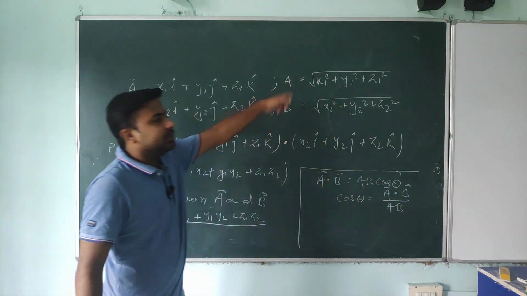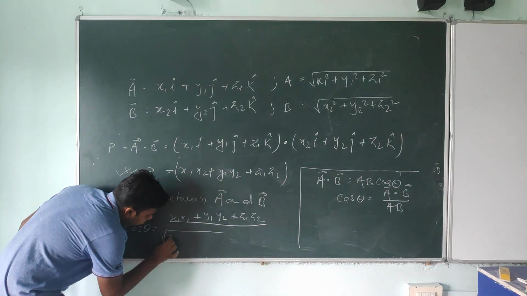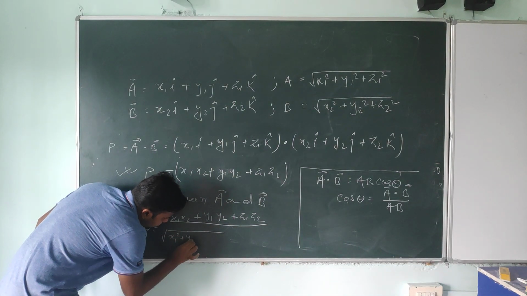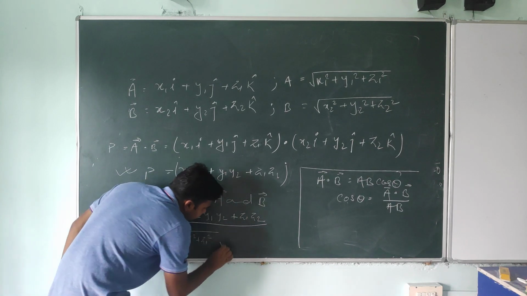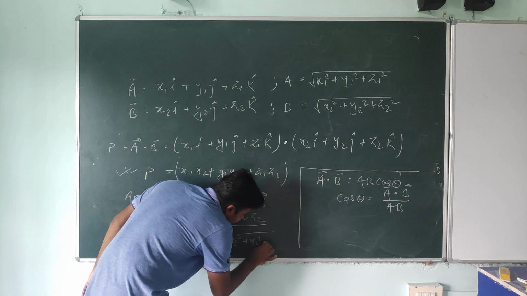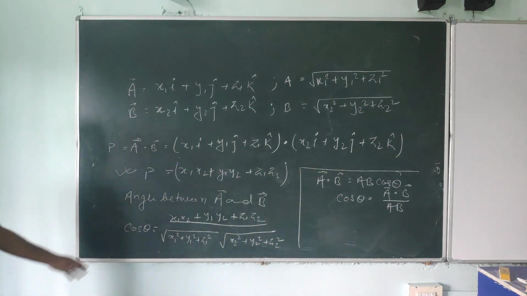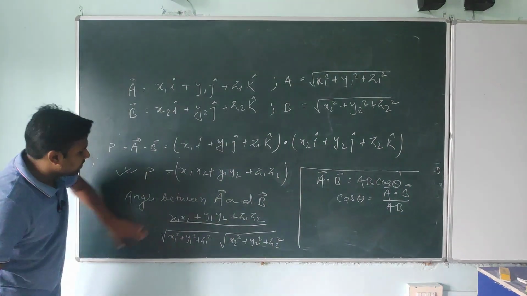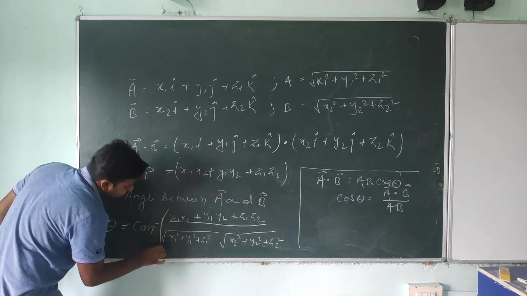We already got the magnitudes, so the multiplication of the magnitudes is root of x1 square plus y1 square plus z1 square, and root of x2 square plus y2 square plus z2 square. This is cos theta, and if you want to calculate theta, theta equals cos inverse of this.